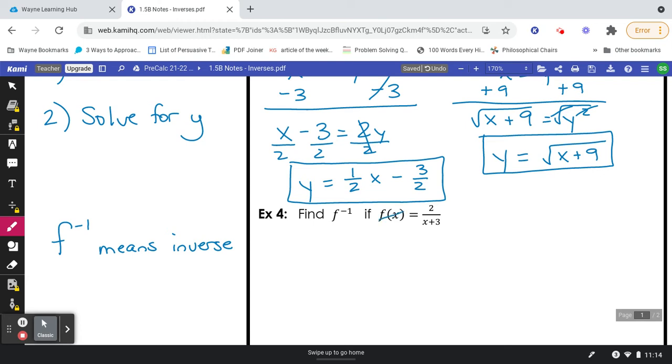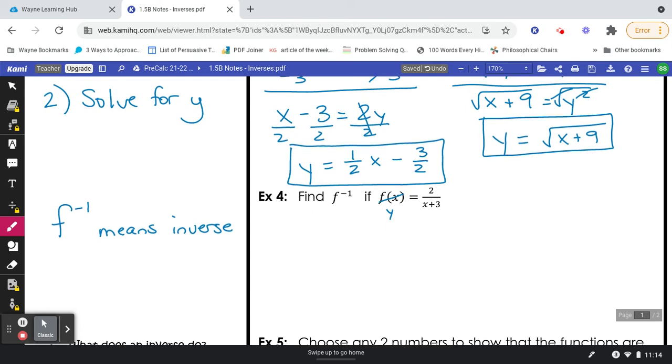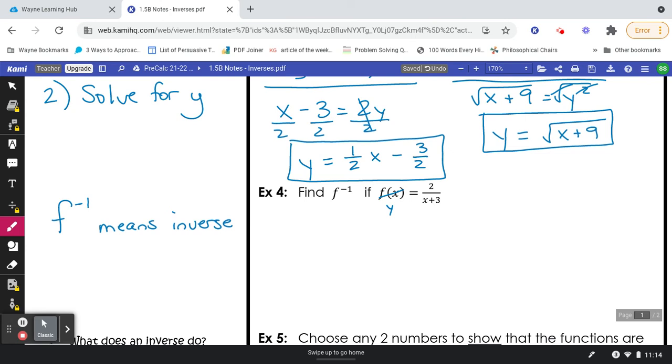We'll start by changing the f of x into the letter y. And then we'll switch our x with our y. And then I'm going to go ahead and put this x over 1, and I'm going to cross multiply.